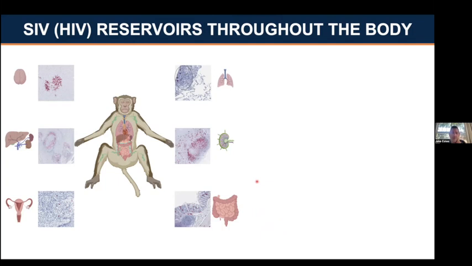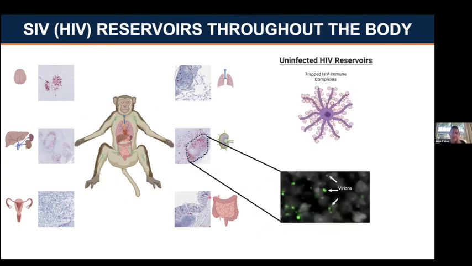So what I hope you saw from this previous picture is this large abundance of virus in these particular locations. This is the spleen, and this is a lymph node. And this is what I refer to as the FDC network, this virus that's trapped on this network. You can see these individual viral particles trapped on these dendritic cells that are not classical dendritic cells, but they bind and retain these viral particles for long periods of time.